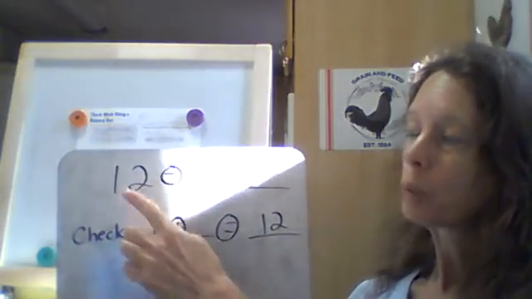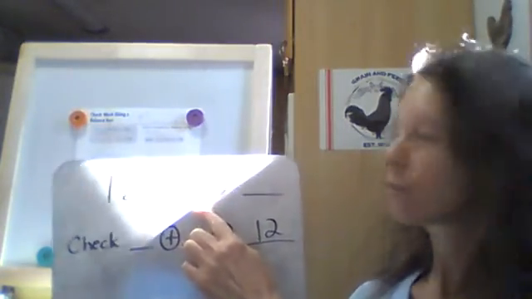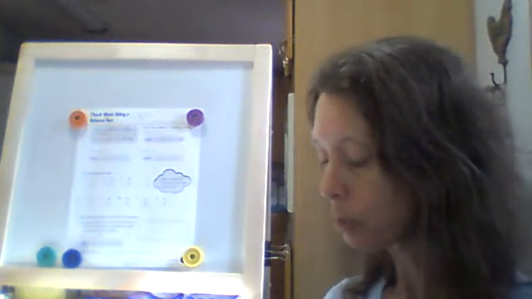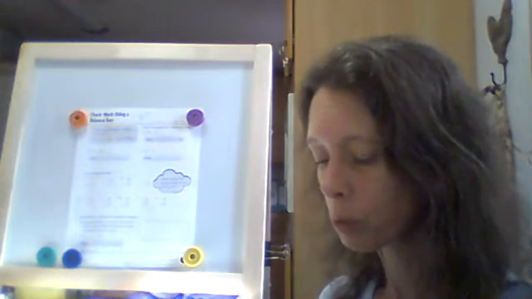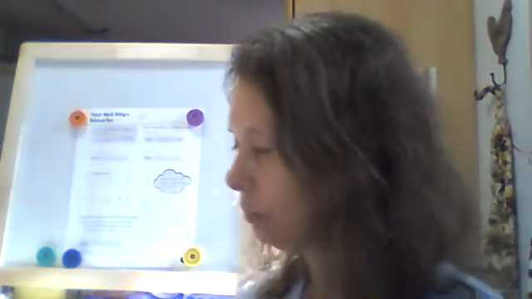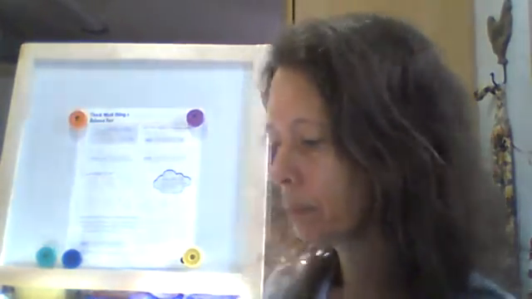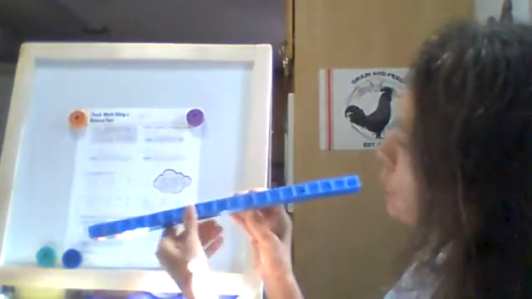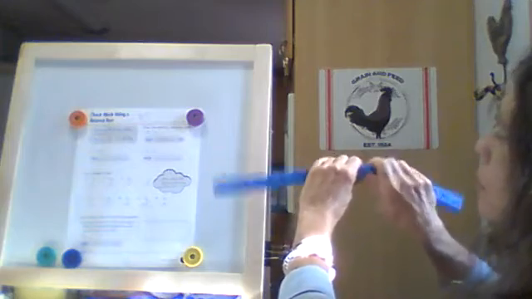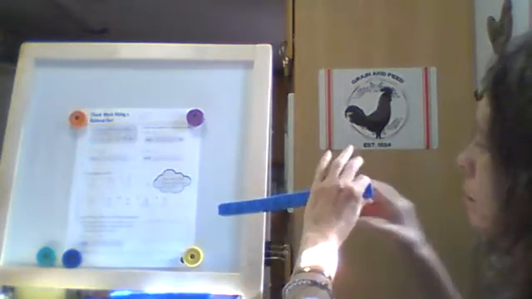But first, we better solve 12 minus 4. I can do it with my subtraction sticks. That's what I'm going to use here. So I come over here and I have 12 minus 4. I break off after the 12 and set it down.